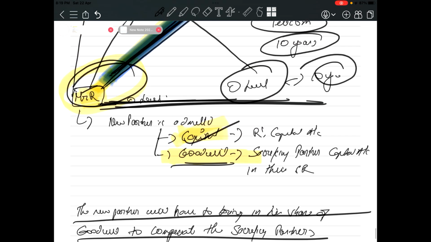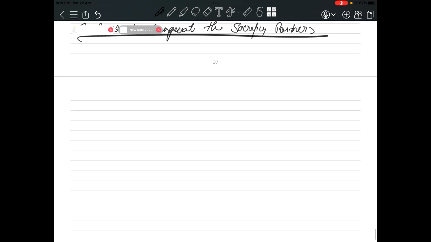So now let's understand with an example. The profit sharing ratio was 3:2. So the old ratio between M and N was 3:2. Now R is admitted, R joined them.